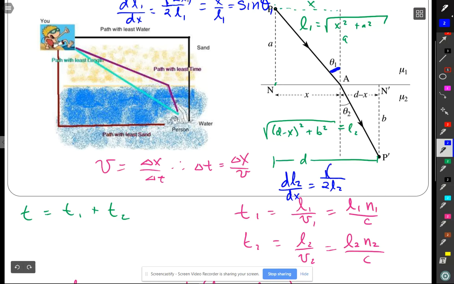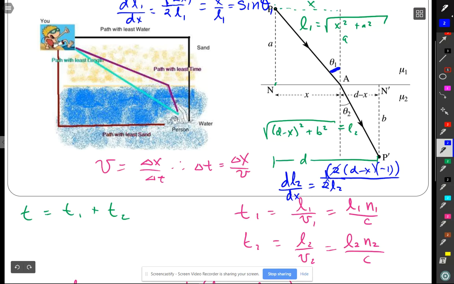The derivative of the inside is going to be 2 times (d minus x). But then I have to do the chain rule once again because it was u squared, right? For (d minus x) squared, the derivative is 2u du. And so then I have the derivative of the inside, which is minus 1. Well, my 2's cancel.